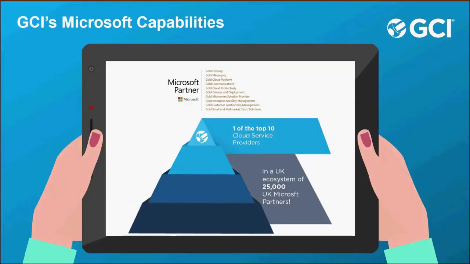I'm just going to take a moment and talk a bit about GCI. GCI is a Microsoft CSP provider, and we're certified on the Skype Operations Framework. GCI is one of the UK's leading Skype for Business providers, and we have over 200,000 seats installed across the UK.